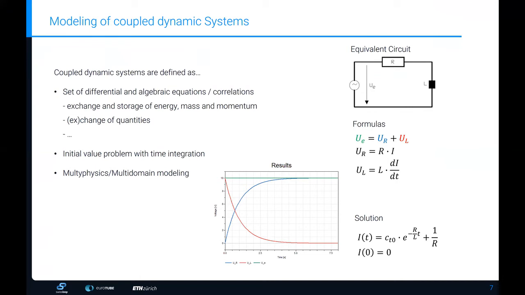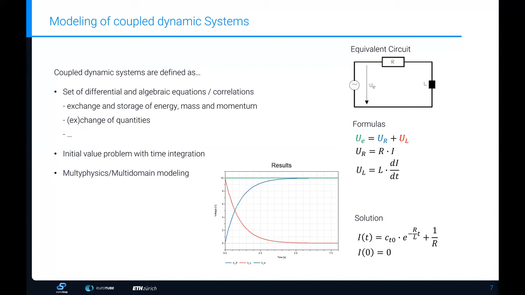So coupled dynamic systems are defined as initial value problems in a mathematical way with ODEs. And here you can see a little example of such a system model of an equivalent circuit with a resistance and an inductance in the electric domain.